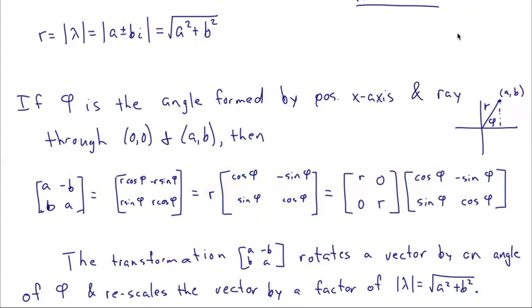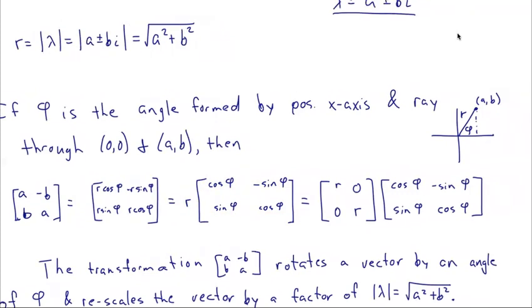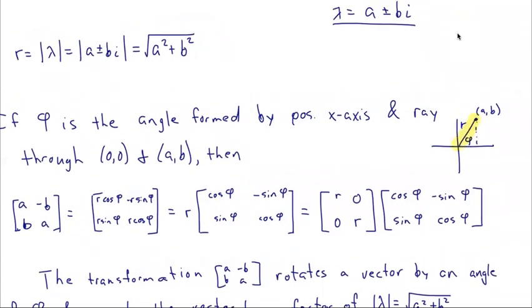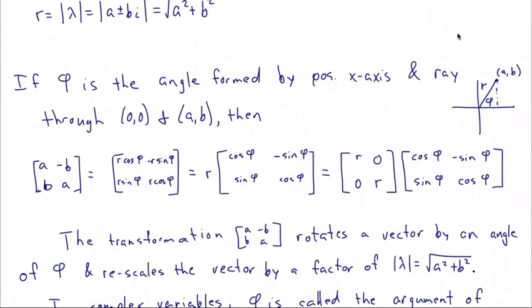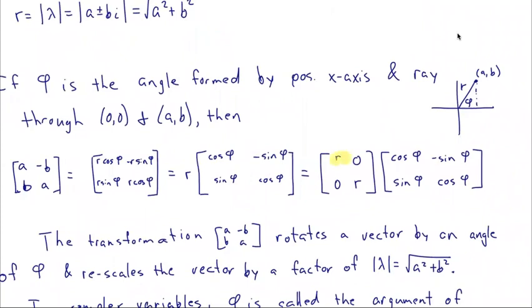What will change the scale is the fact that we're multiplying by R, which is the magnitude, or distance from the origin, of the point A plus Bi in the complex plane. So R times this matrix is the same thing as R times the identity matrix times this rotation matrix. So we can rewrite this as such.